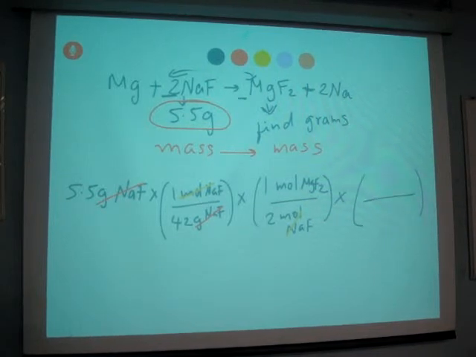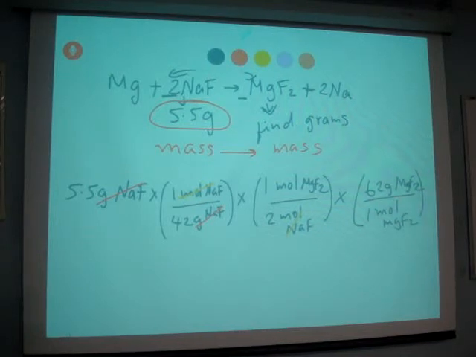How do we do that? We are going to multiply by its molar mass, which is 62 grams of MgF2 per 1 mole of MgF2.